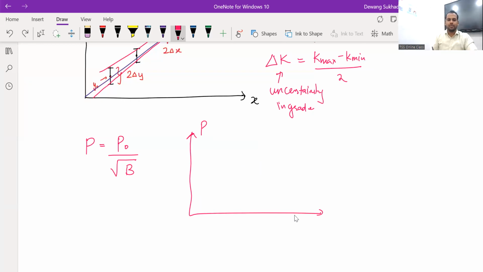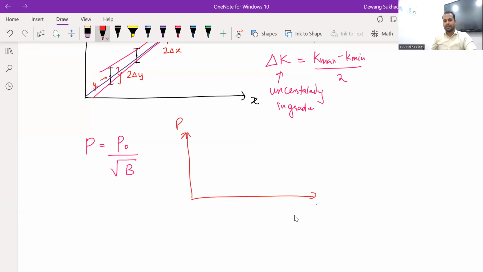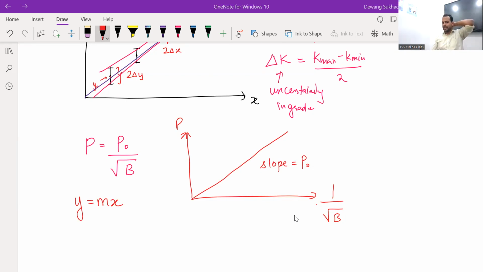So usually what we can do is plot the value of P against 1 upon the square root of B. You can convert it, since the equation of a straight line passing through the origin is like this. So you will get a straight line passing through the origin, and the slope will be equal to P naught. Choosing the correct variables to plot on each axis, and the correct form of them, is also very crucial. This will help you find the correct value of the slope and the constants involved.